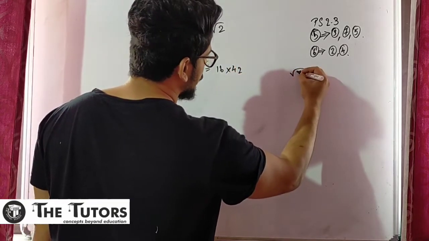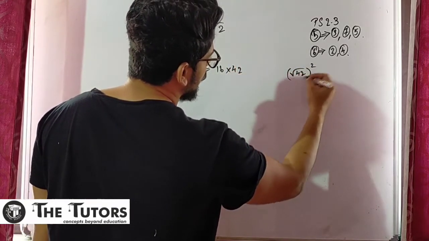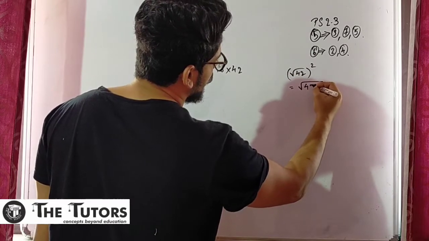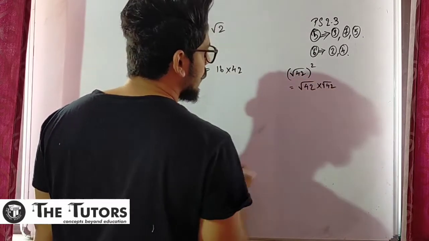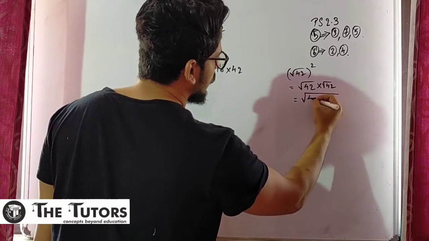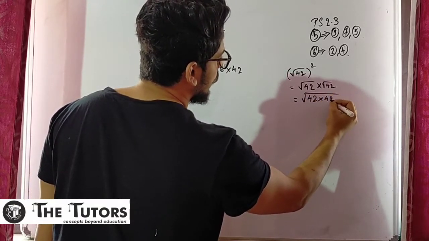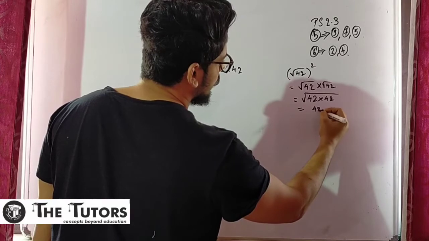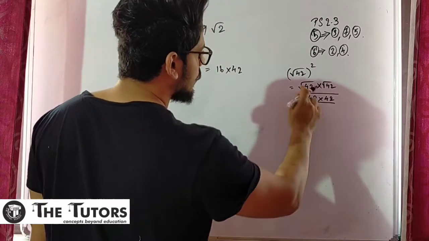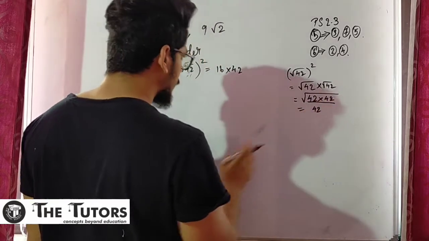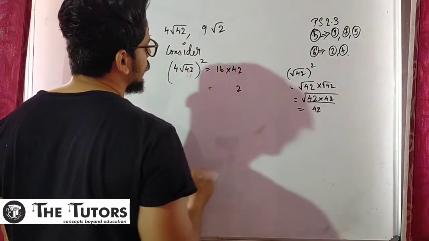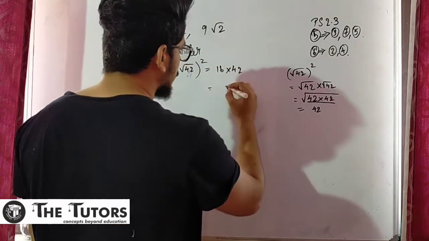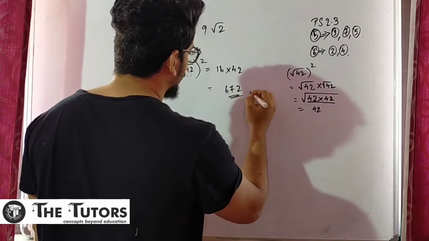What I just explained to you: root of 42 the whole square is nothing but root of 42 into root of 42, which is basically root of 42 into 42. Indirectly, it is again 42, because it is the square of 42 and when the square root is taken, 42 comes again. 16 into 42 is how much? 16 2s are 32, 16 4s are 64, so 672.